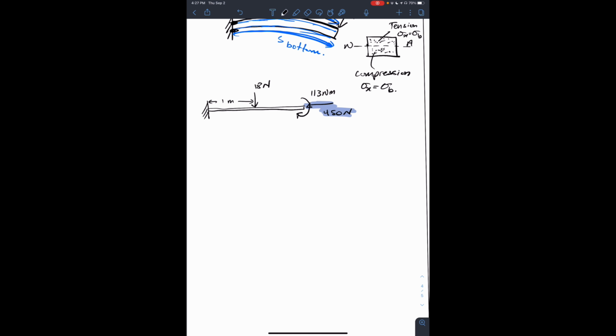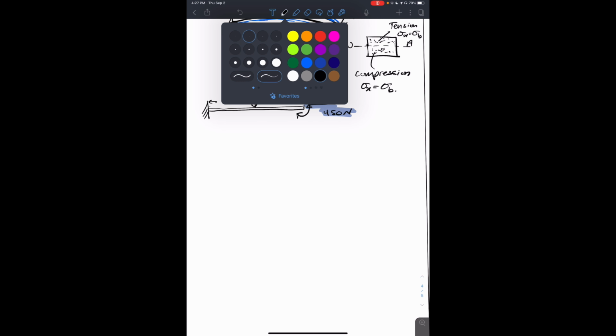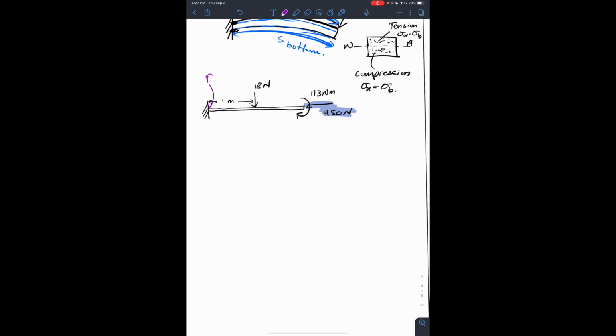We see that the top, these are the different colors, the top is under tension, and the bottom here is under compression. Now remember we have an axial force of 450 that is compressing the beam also.